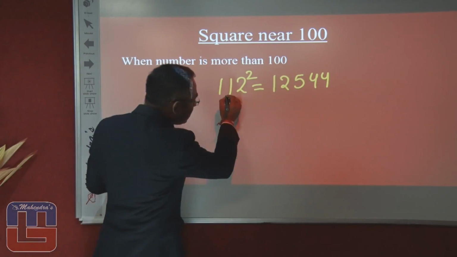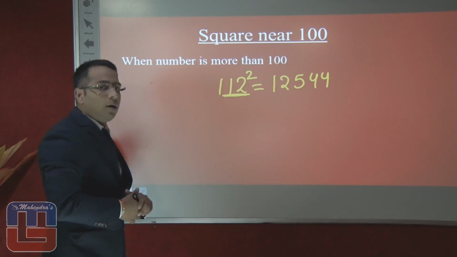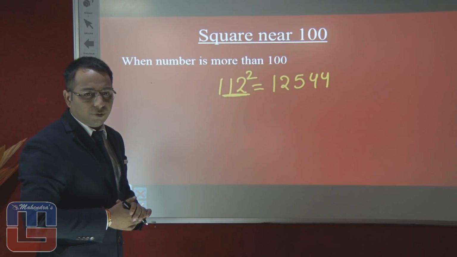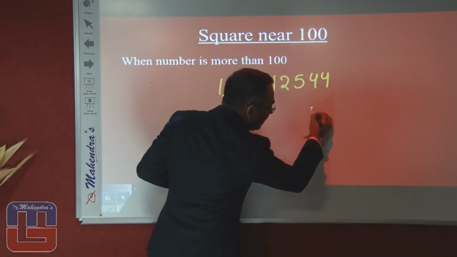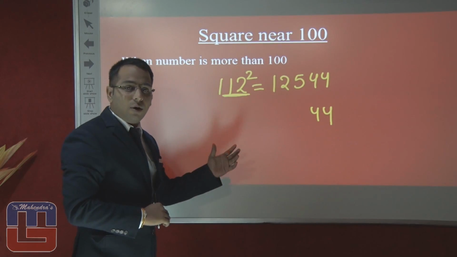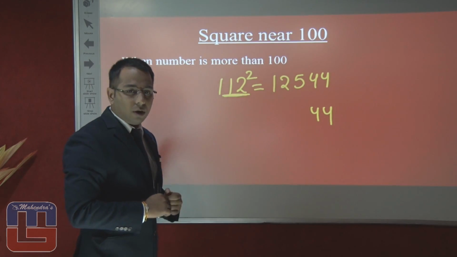See here, it is 12 more than 100. The square of 12 is 144. I said we put the last two digits by the square of this value greater than 100.